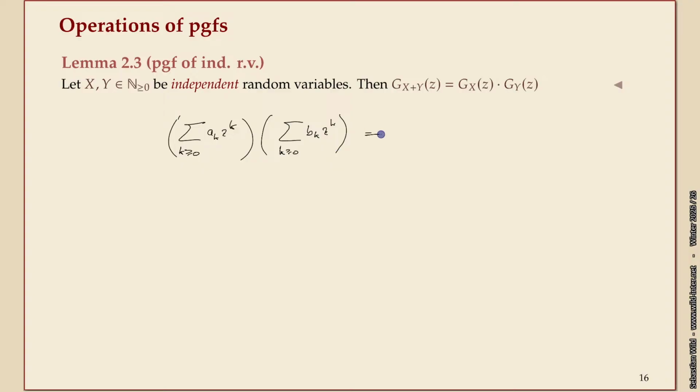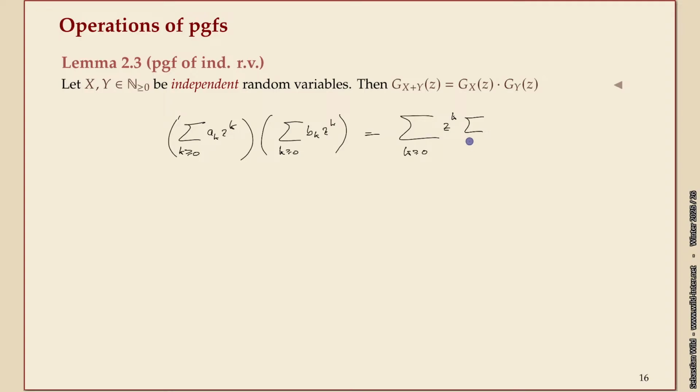The product is also a series. And at the kth term, it has a sum of all the options how I can build K. Think about this as the finite case, two polynomials. You multiply every combination of terms, and you combine all of the terms where the resulting power is exactly K.